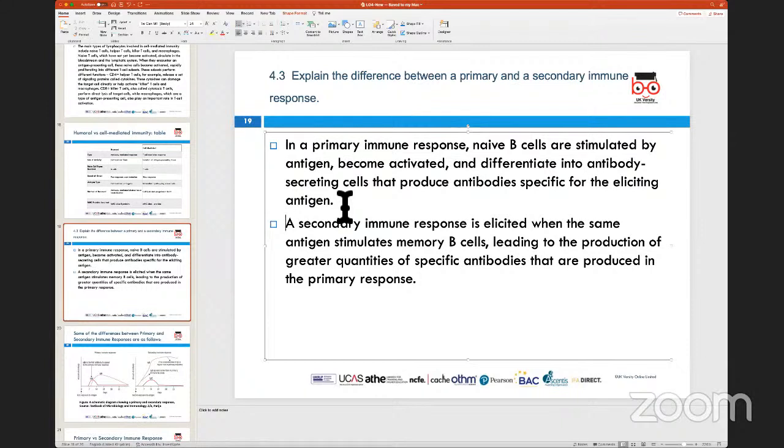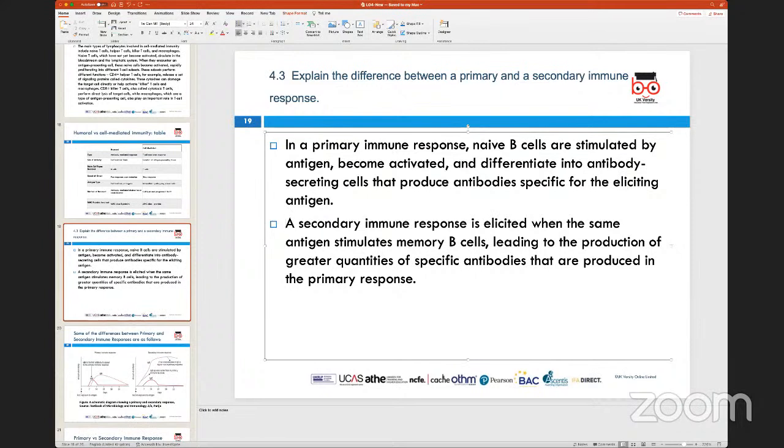So the memory B and T cells, remember, this is something that your body has already been exposed to during the primary response, and it will allow an accelerated reaction against the same antigen or pathogen when your body encounters it again. So we can use the speed at which the reaction happens to differentiate between primary and secondary immune response.